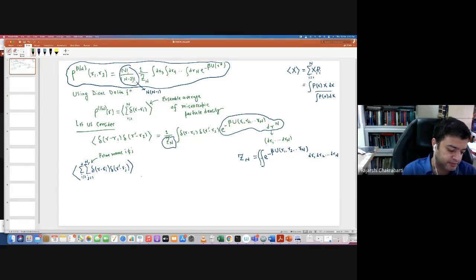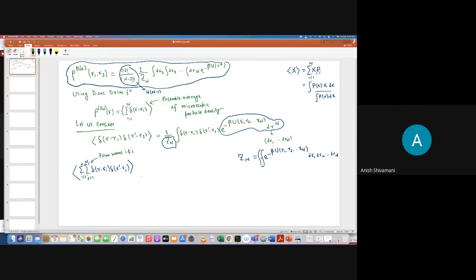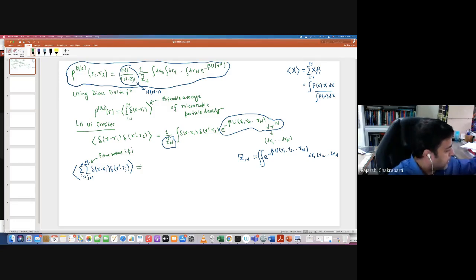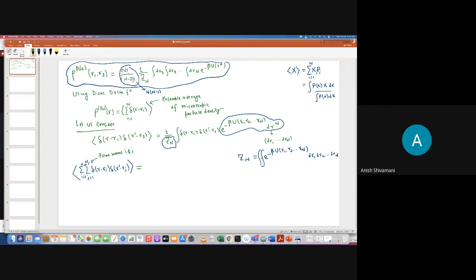Can anyone tell me? Can I write something? This is equal to n into n minus 1 into the ensemble average of the delta function, delta(r minus ri) delta(r prime minus rj).